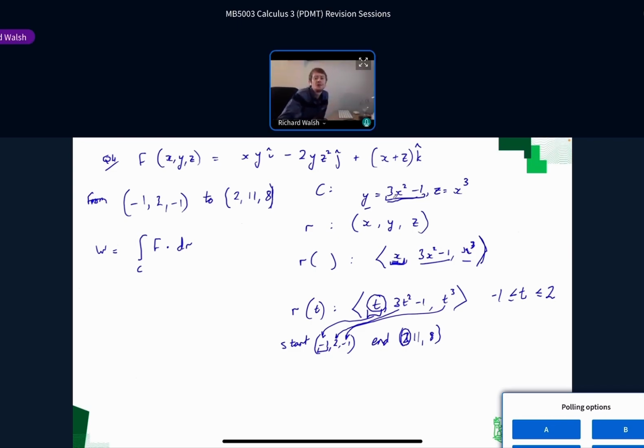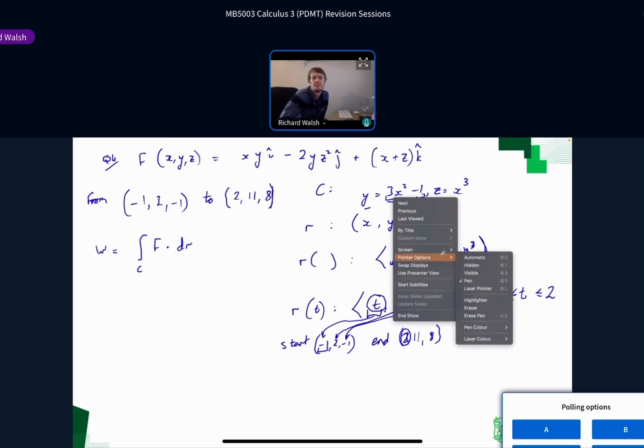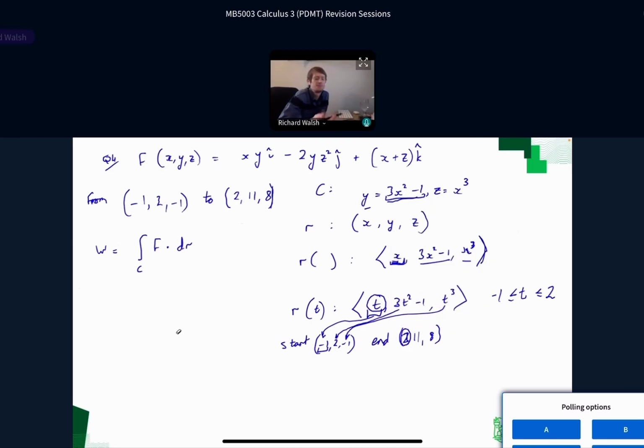Like this curve, we're told Y depends on X. Y equals 3 times whatever X is, squared, minus 1. And for Z, it equals whatever X is, cubed.